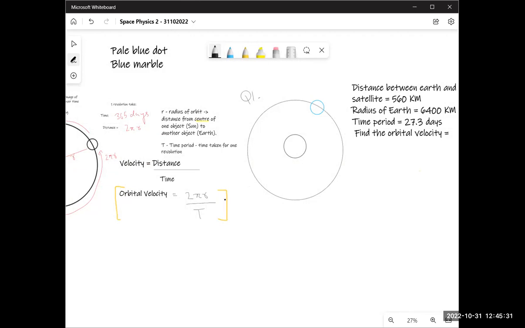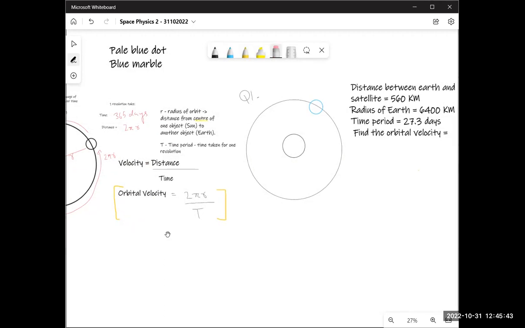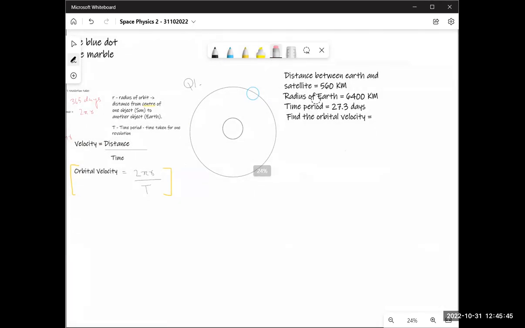Yes, sir. All right. So read the formula for orbital velocity out loud. 2 pi r by time, or 2 pi r by t, which is the time period.